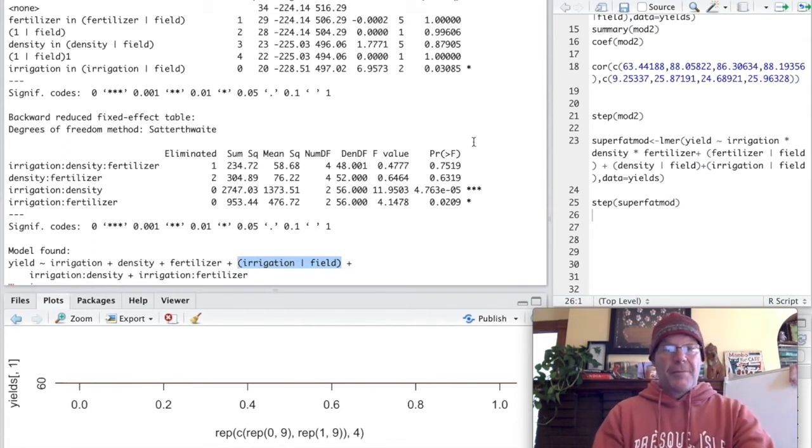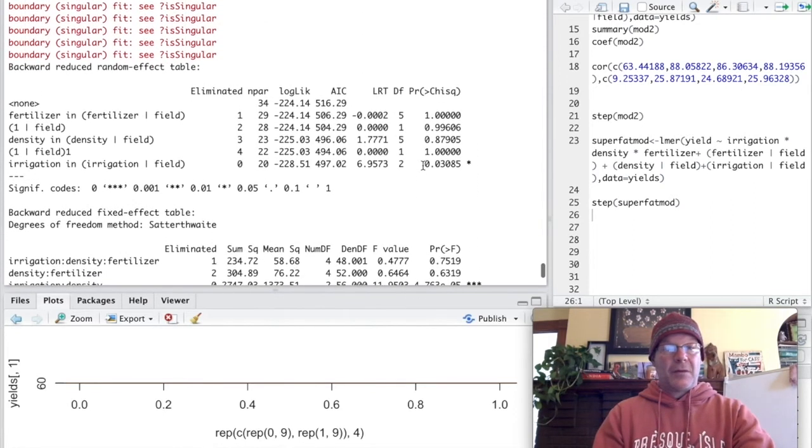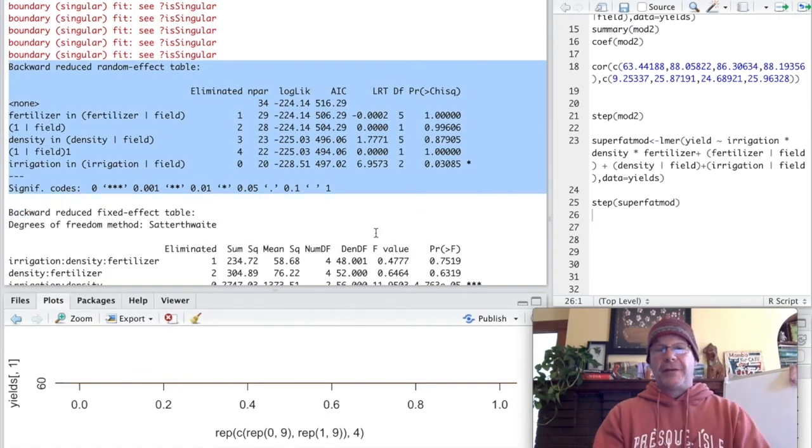So let's go back and see what the step function did. The first thing that the step function did was figure out what the random effects were in the model. So again, this is the suggested approach to dealing with mixed models: first figure out your error structure. After you've got your error structure figured out, then go ahead and figure out what fixed effects should be in your model.